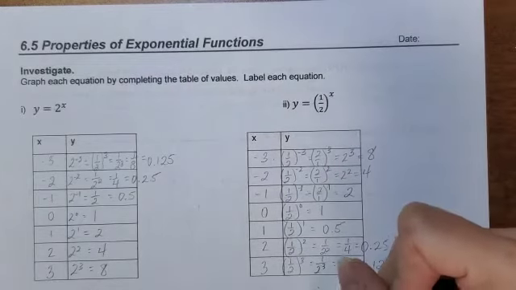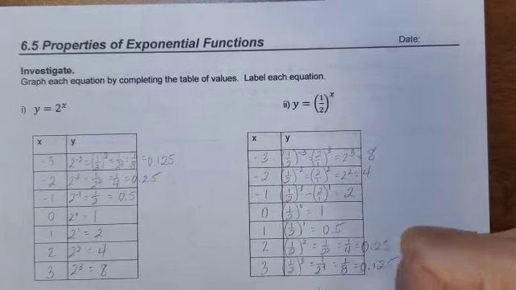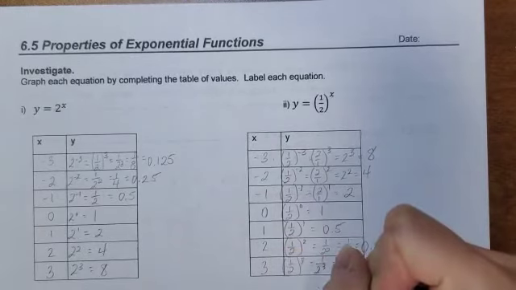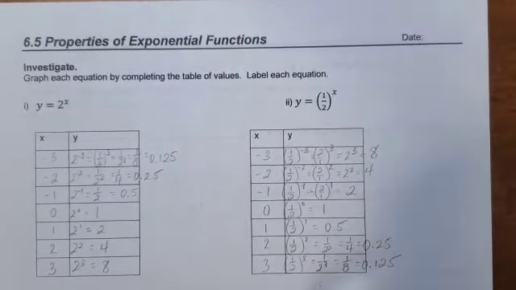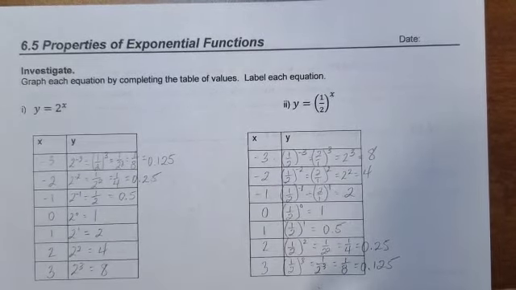Okay, so connect our dots. So as we can see here, we start off on a high, but we reduce the bigger our numbers get. So this is an exponential decay.